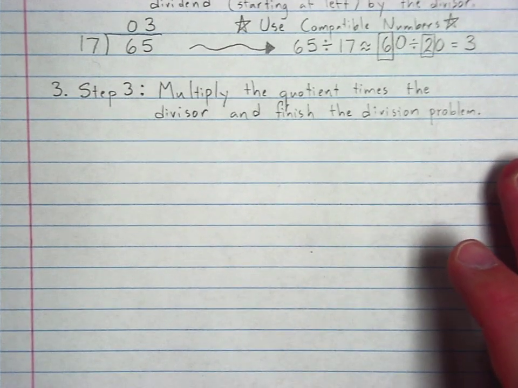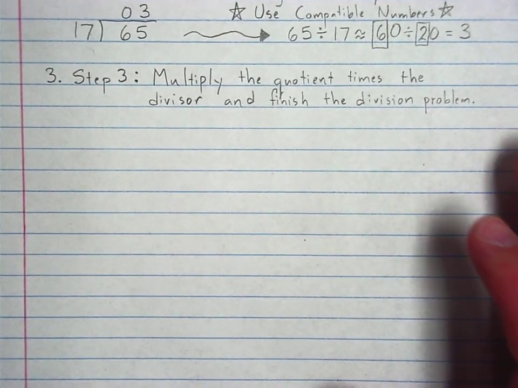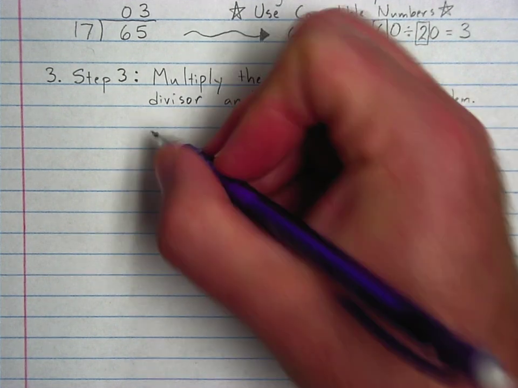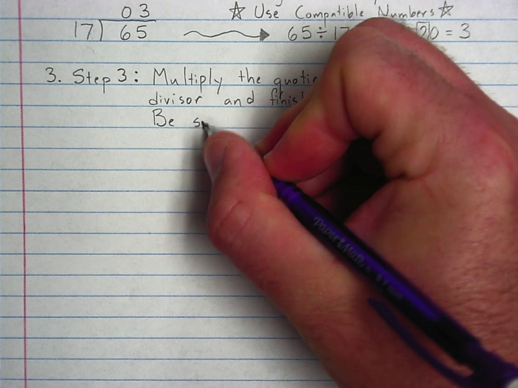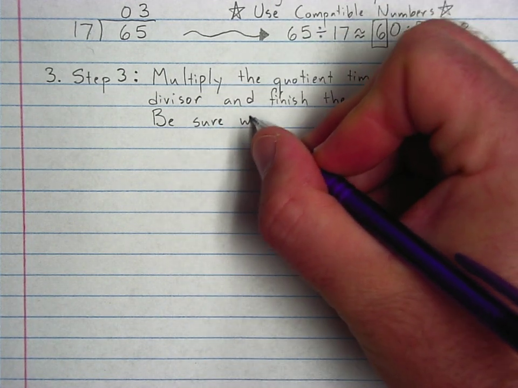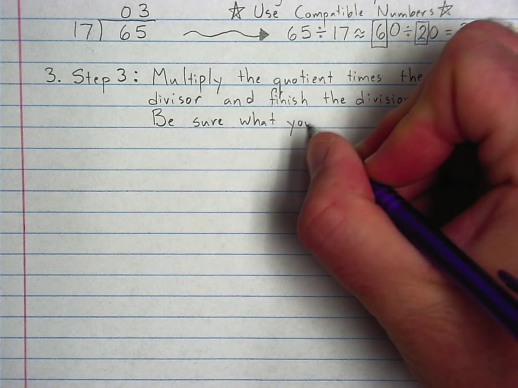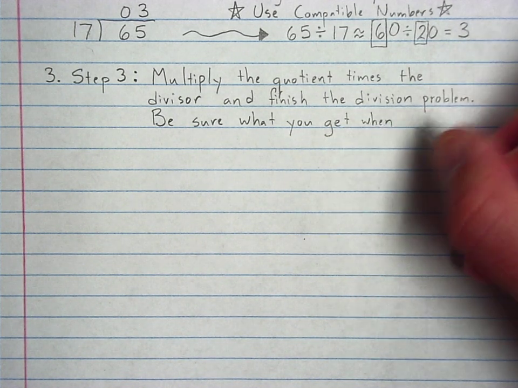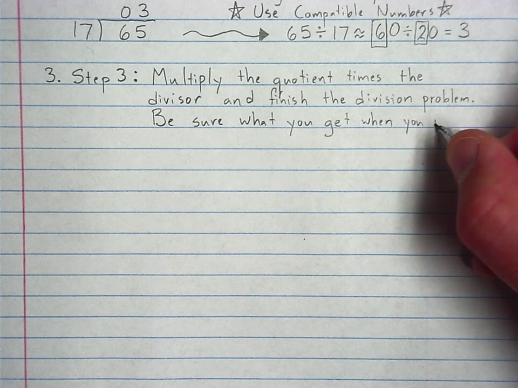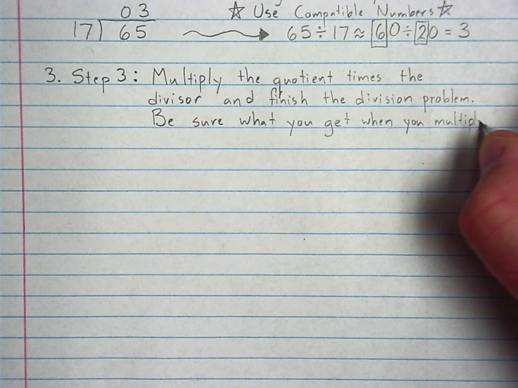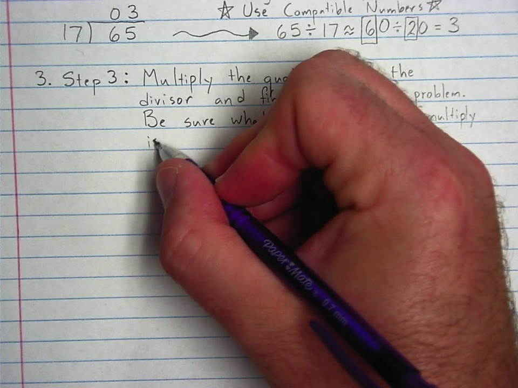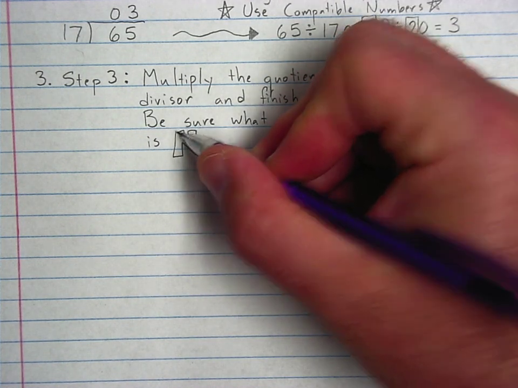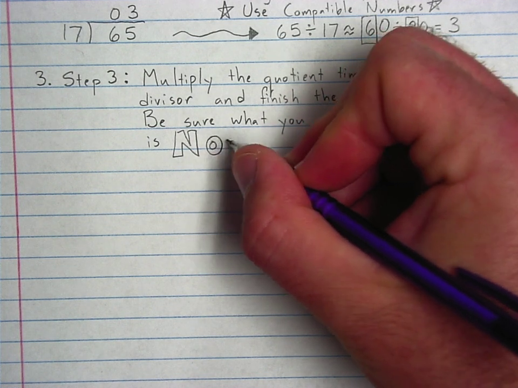Now, I've mentioned this before, but I don't think I have put it in quite such big letters. Let's say that. Be sure what you get when you multiply is not, here are the big letters, is not.